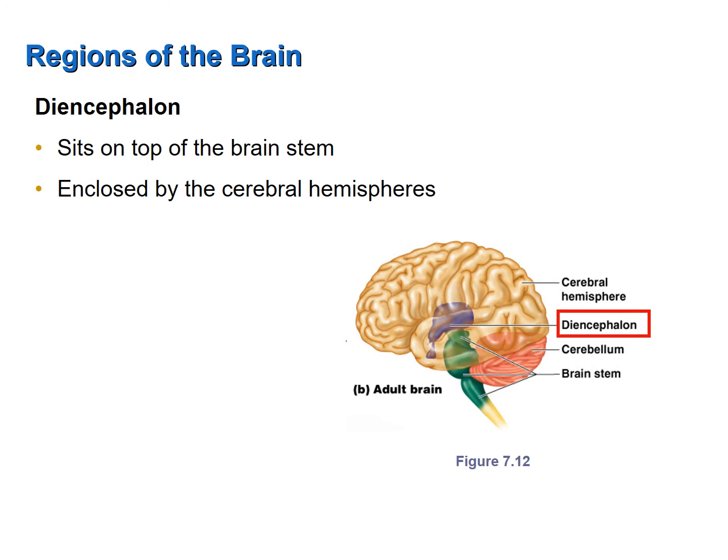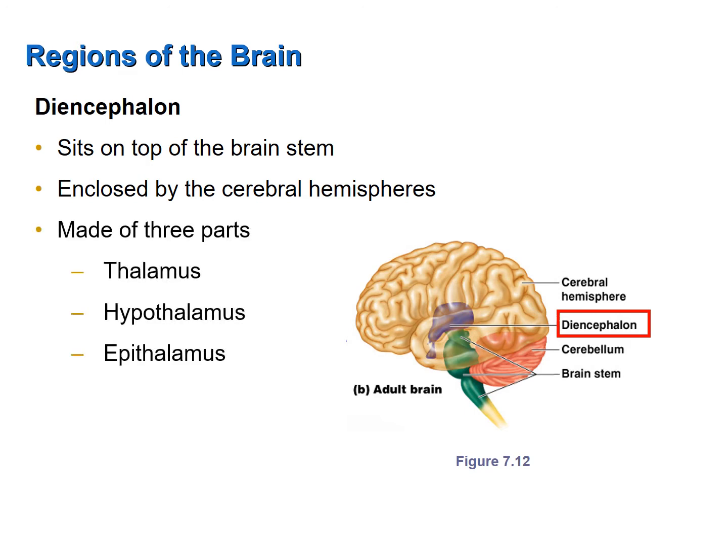You can really only see the diencephalon by dissecting the brain. The diencephalon is composed of three parts: the thalamus, the hypothalamus, and the epithalamus. I often tell students to think thalamus, thalamus, and more thalamus when you think of the diencephalon.